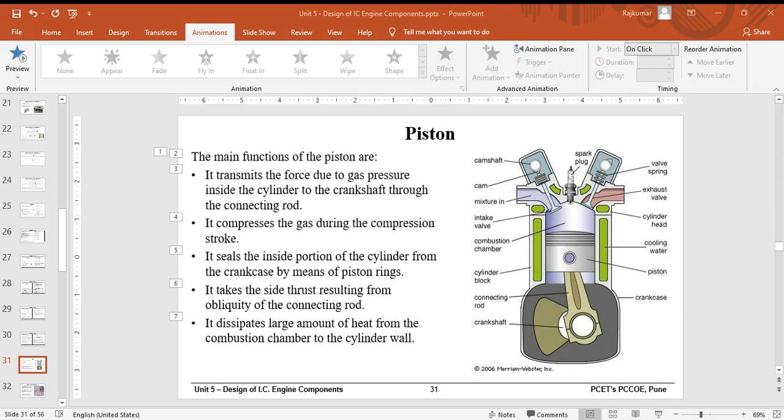Now, after estimating the thickness of the piston head, we need to find out the number of ribs. In the figure, you can see the two piston ribs are shown, and the cup is also shown. So there are two questions.